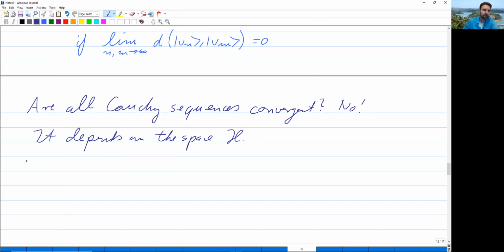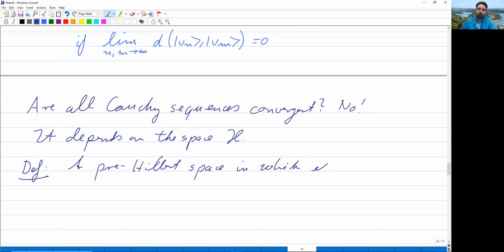And the definition that is crucial here is that a pre-Hilbert space, so a complex vector space which has an inner product and Hermitian conjugation, a pre-Hilbert space in which all Cauchy sequences converge.